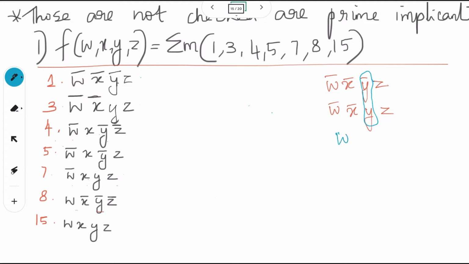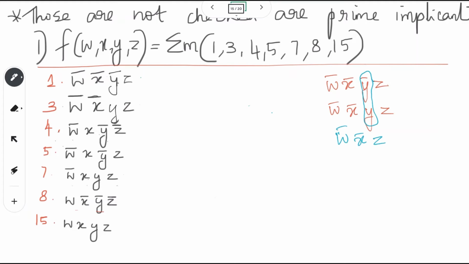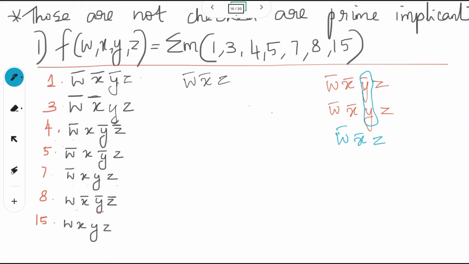What remains is W bar, X bar, Z. So we can write the first term as W bar, X bar, Z. In W bar, X bar, Z, if you remove one of the literals in this term, we can see that it is already there in this first decimal number. So tick mark it to indicate that it is not a prime implicant.